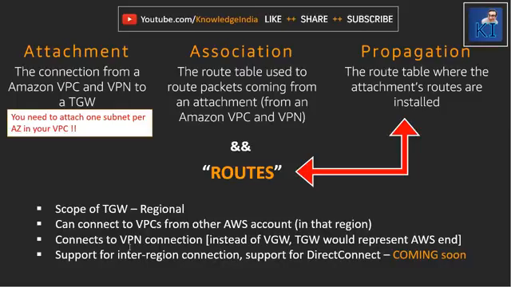There are two things which are further coming up, which are not available as of now. That is inter-region connection, so later on Transit Gateway would support that as well. And also support for Direct Connect. So currently you can use VPN connections with TGW, but not the Direct Connect connection. That also would be coming in future.